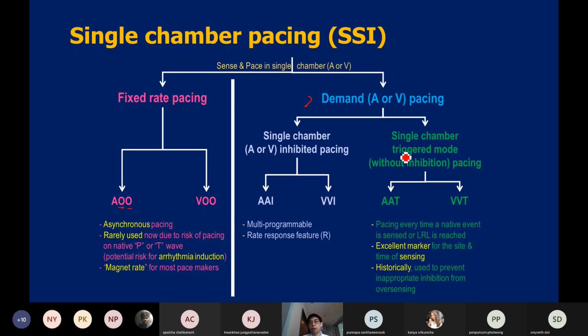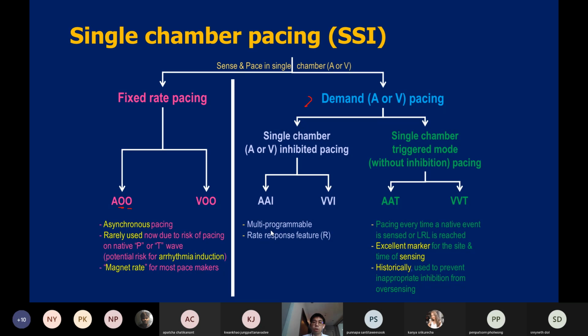There are two types of single chamber: single chamber with inhibited pacing and single chamber with trigger mode pacing. Nowadays we use the single chamber with inhibited pacing almost all the time. It's called AAI if you put the lead only in the atrium, and VVI if you put the lead only in the ventricle.